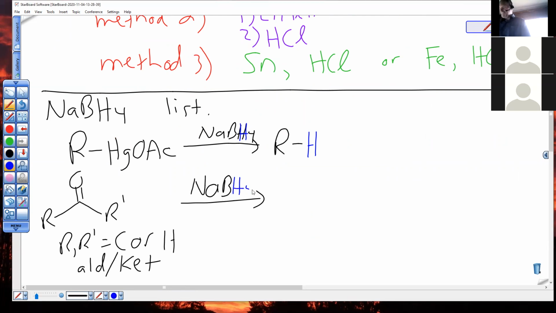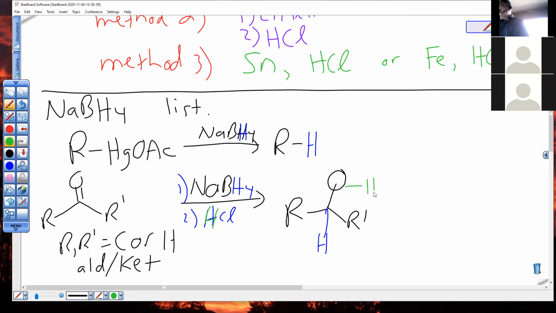NaBH4. And that one, that's step 1. Step 2 is always HCl. It has that in common with lithium aluminum hydride. And you get the blue H here and the green H here. So you make an alcohol.